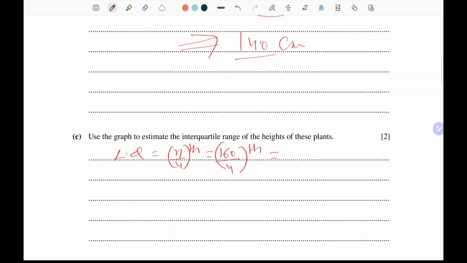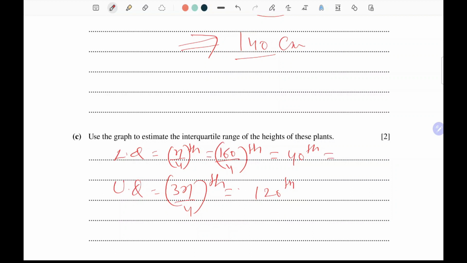And what is that? 160 over 4. That is 40th one. And upper quartile, that's at 3n over 4th value. So 3 times 160 over 4. That is 120th value.